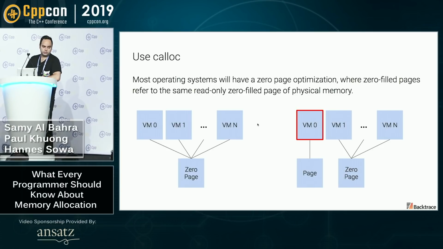For example, your operating system will have something called a zero page, which is just a physical page of memory filled with zeros. It'll allocate a set of virtual address pages (VMAs) for you, and only when you write to that page will it actually allocate a physical page of memory for you. So that means you could malloc 10 million, and it won't actually allocate the physical memory until you write to that memory.